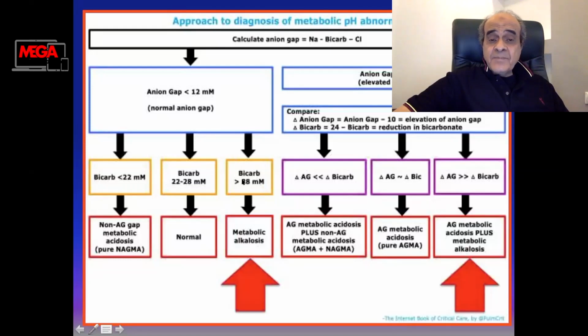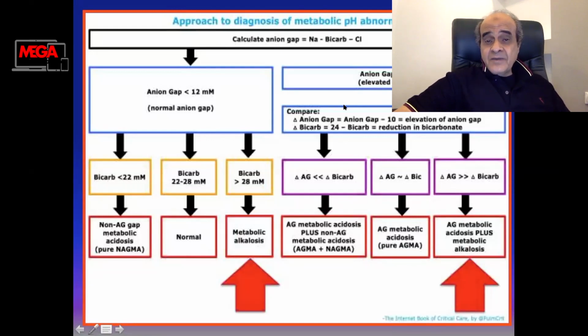If the bicarb is more than 28 millimole, this is a metabolic alkalosis. But there is another type of alkalosis which is missed or concealed metabolic alkalosis, which is associated in some patients with metabolic acidosis. Suppose the anion gap is more than 12, this is elevation of anion gap, and so start to calculate the delta gap.